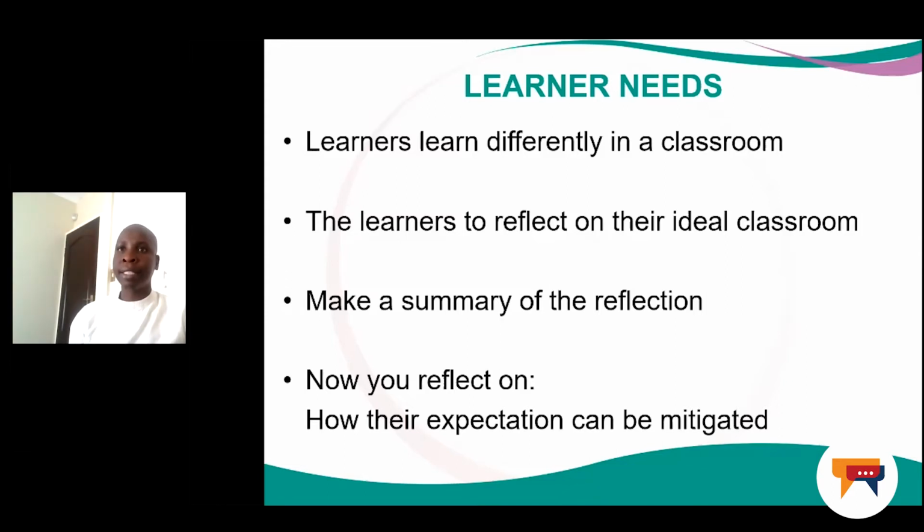And then once you've done that, you proceed to ask them to write down which of these things that they've mentioned are realistic and possible within the school settings, because they'll start with the bigger picture of having all ideals and everything. Now you guide them. Now we're looking at our school situation. Which ones do you think are ideal?